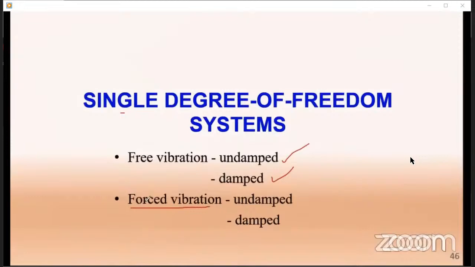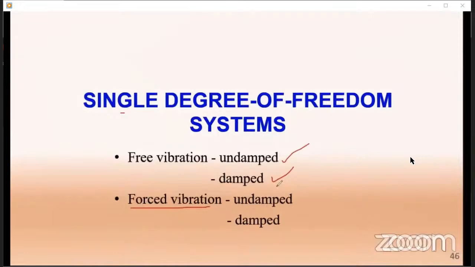And of course, for free vibration, the motion might be interesting when you are developing the basic concepts of structural dynamics, but you realize the motion will not continue for a long period of time. Most of the vibrations we consider in real life have a force that initiated those motions, I mean the vibrations which are of interest.